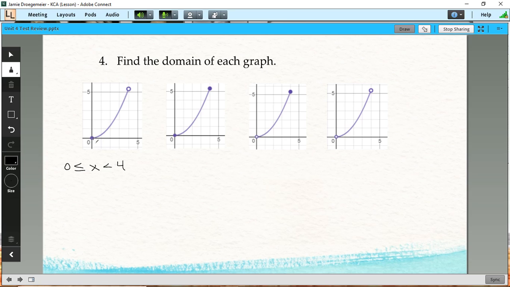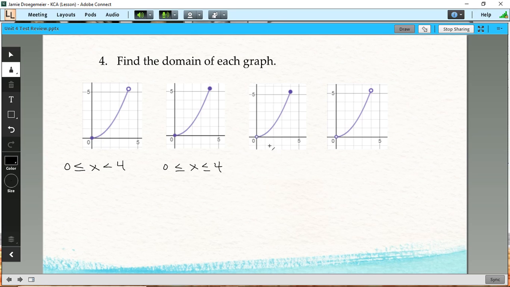So our domain for this first graph, x is going to be greater than or equal to 0, and it's going to be less than 4. It can't equal 4. For our second one here, we have closed circles at both points. And so we would say the domain for that one would be x is greater than or equal to 0, x is less than or equal to 4.